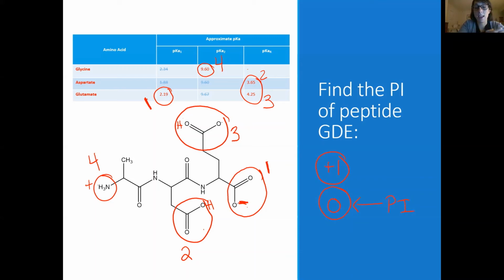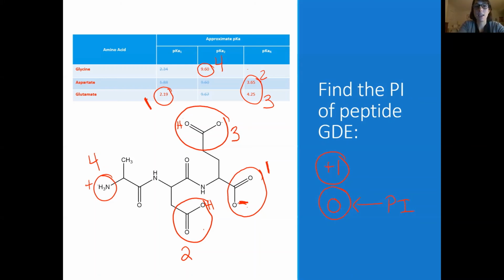The pKa after the point at which it is 0. So we have to think about which, we just passed our first one, our pKa of 2.19, in which we have a neutral state of 0.